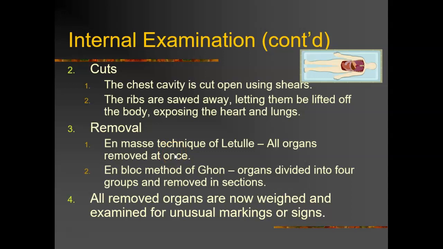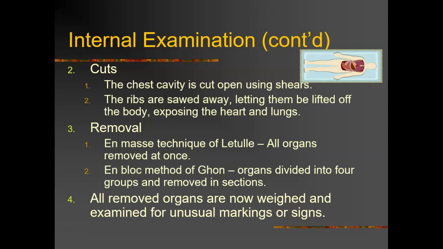The chest cavity is cut open using shears, and then the ribs are sawed away, which allows them to be lifted off the body, right, which exposes those internal organs, the heart, the lungs, etc. Then the organs are removed. So there's 2 different methods that can be used. There's the en masse technique, which is where all the organs are removed at once.